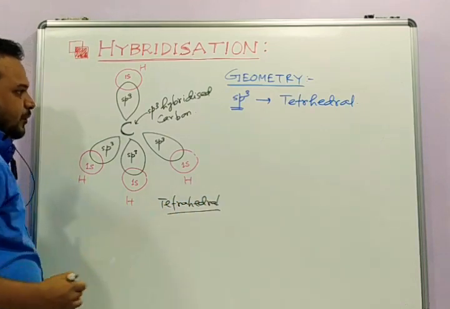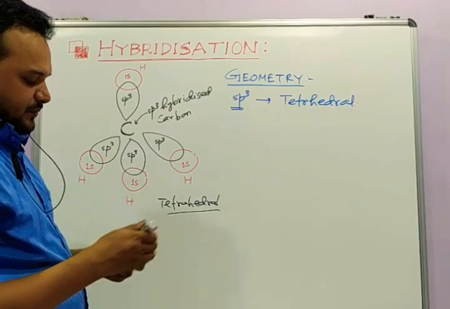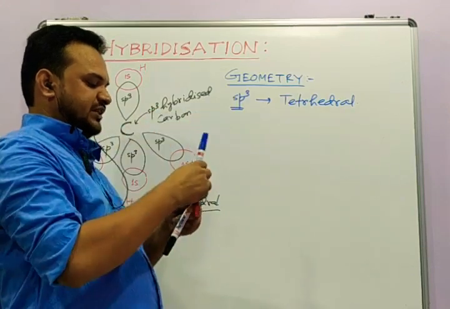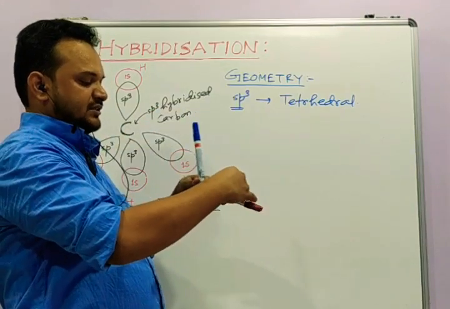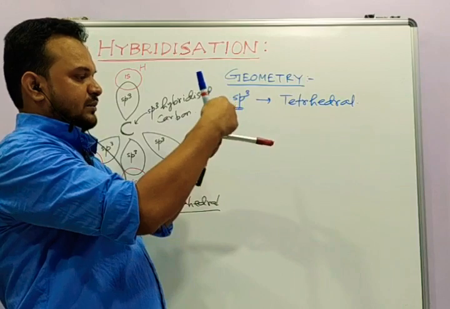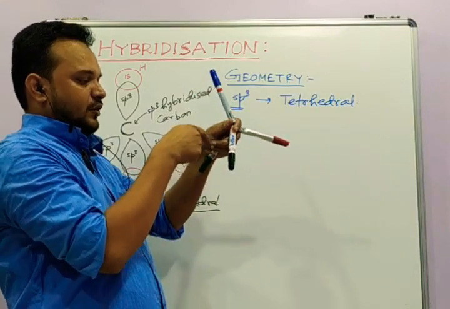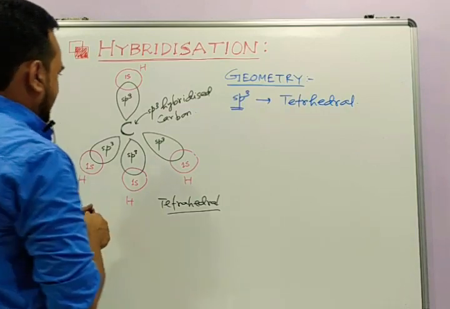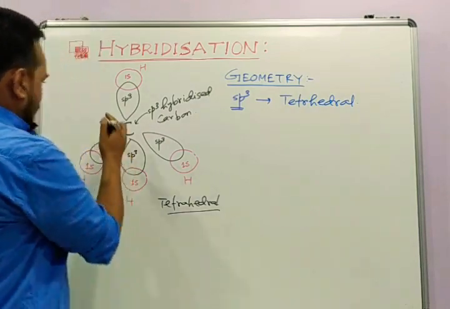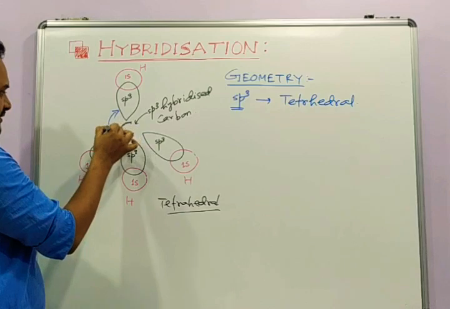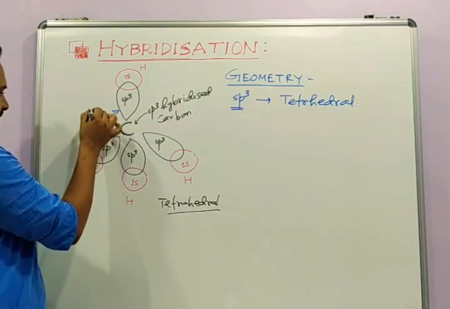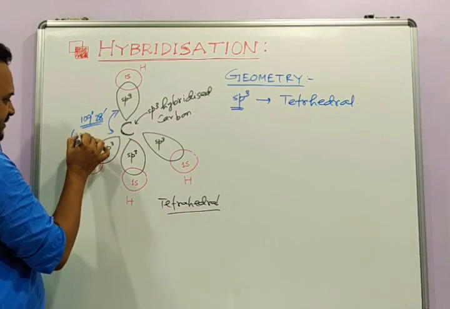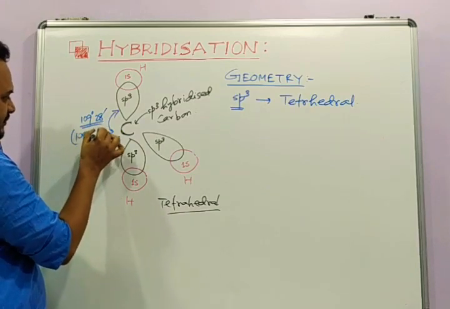Another parameter is bond angle. Bond angle means the angle existing between the two CH bonds. Okay, that is known as the bond angle. This is one of the bond angles. For a tetrahedron, this value of bond angle is 109 degree 28 minutes, or roughly 109.5 degree.